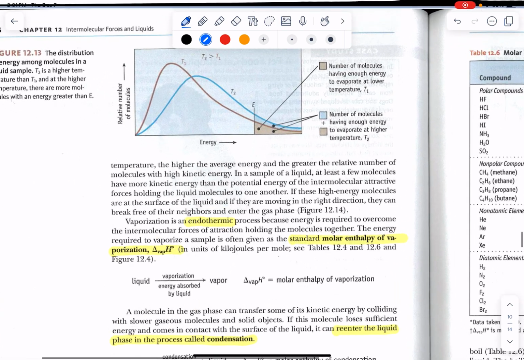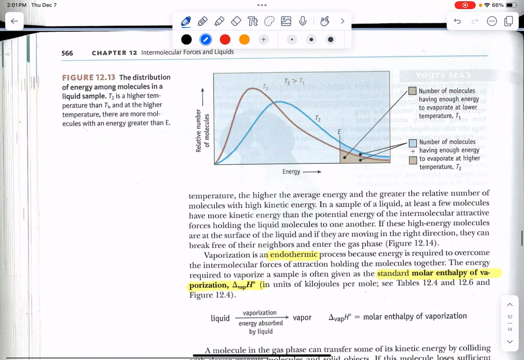So if we look at this graph here, which is a much better graph than the one that I just drew, you can see that if you don't fall prey to thinking that temperature is along the y-axis, but temperature is really more a reflection of the x-axis, the average kinetic energy, and here's my number of particles that have that amount of energy, you can see that the temperature of the graph in blue is greater than the temperature of the graph that is in red, because its peak is farther to the right, not higher up.